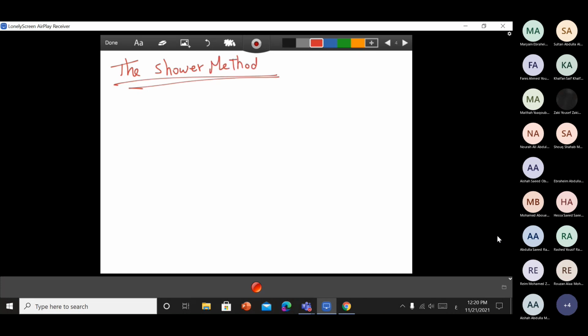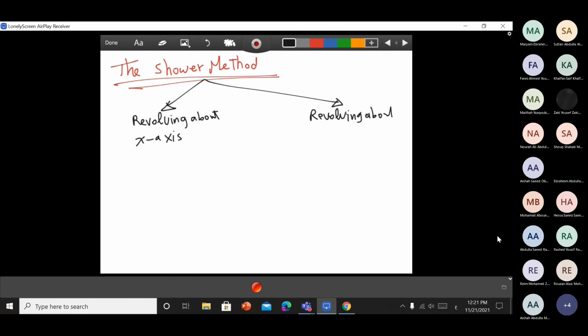In this case, we have two curves, right? Also, the washer method, we have it for two cases: revolving about the x-axis or revolving about the y-axis. Okay.